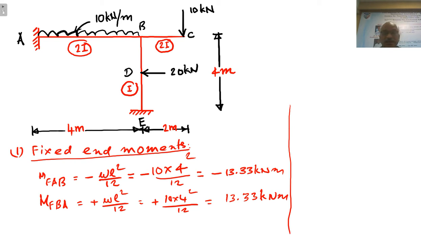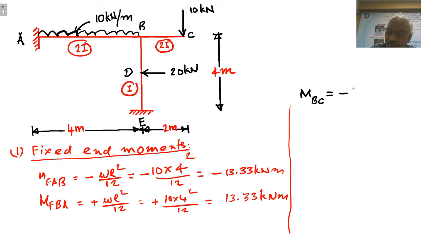Now as far as the overhanging part BC is concerned, it's a cantilever subjected to a point load at the free end. That is not a fixed end moment, that is a moment at B due to the load of 10 kilonewton at the free end. Therefore, that is not MF, that is MBC. MBC equal to, due to that load at the support, there will be an anti-clockwise moment.